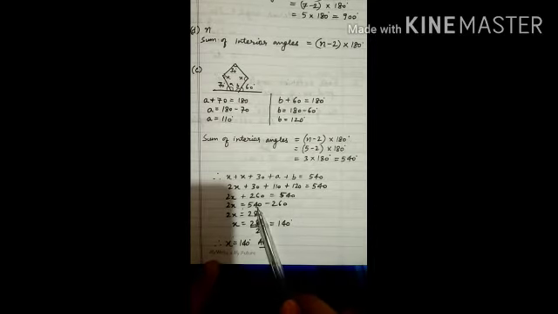It will be subtracted from 540, which equals 280. So 2x equals 280, x equals 280, and this 2 will come and divide. So x की value we have to calculate in the question, which equals 140 degree. This is how we have calculated x.